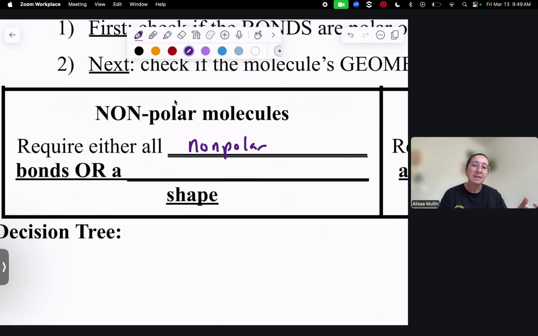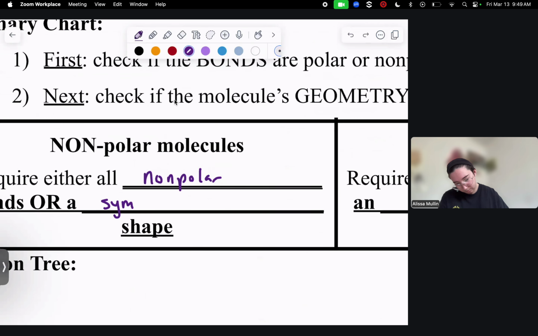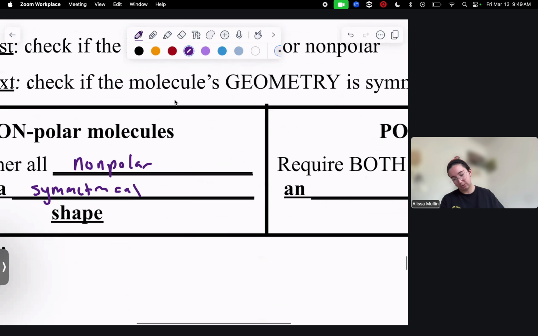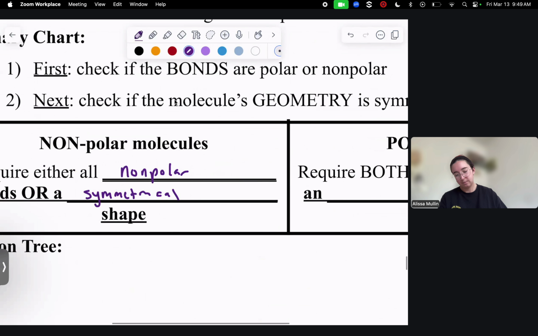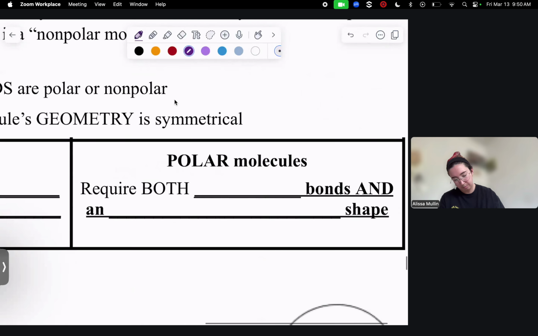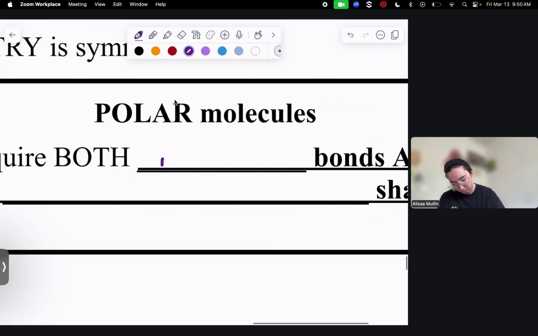But the tricky part is that even if you do have polar bonds, if you have a symmetrical shape, it's spelled over here if you can't read my writing. And then polar molecules, you need polar bonds, and you need those to not cancel out. You need asymmetry.